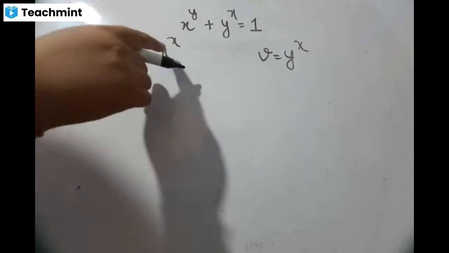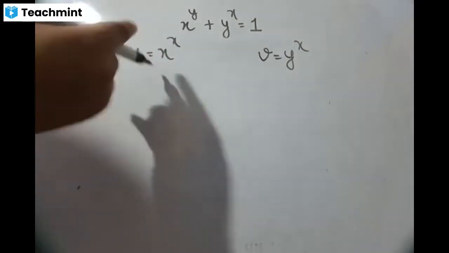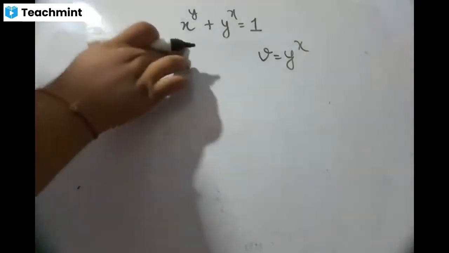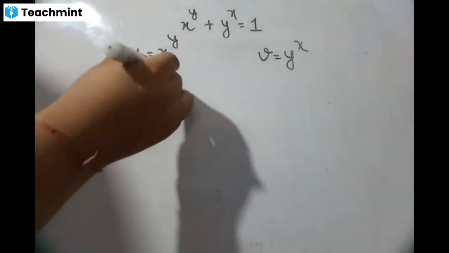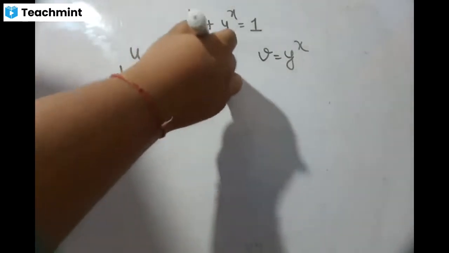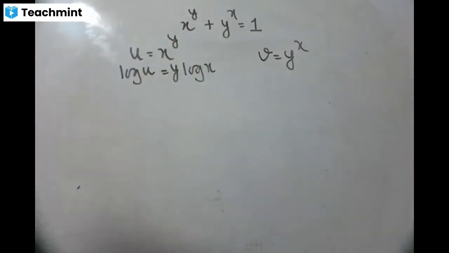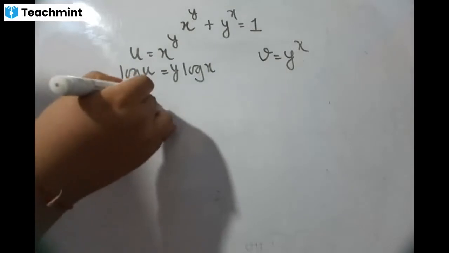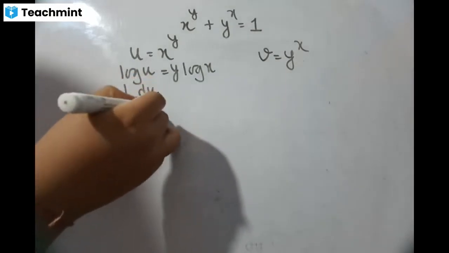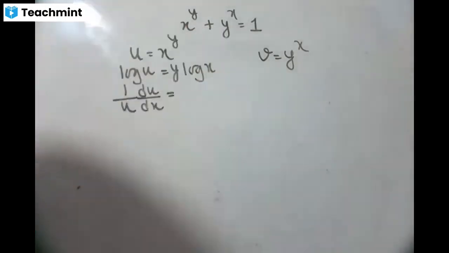So how do you differentiate this? Sorry, x to the power y, how do you differentiate this? You apply log on both sides. So log u equal to log x to the power y, so y comes in front. So help me differentiate, everyone. Log u derivative is what? 1 by u du by dx equal to product rule.